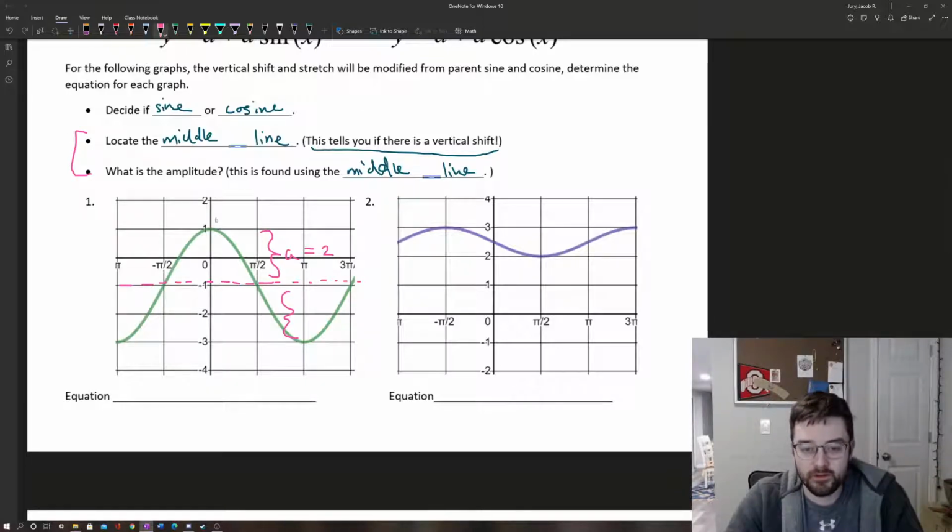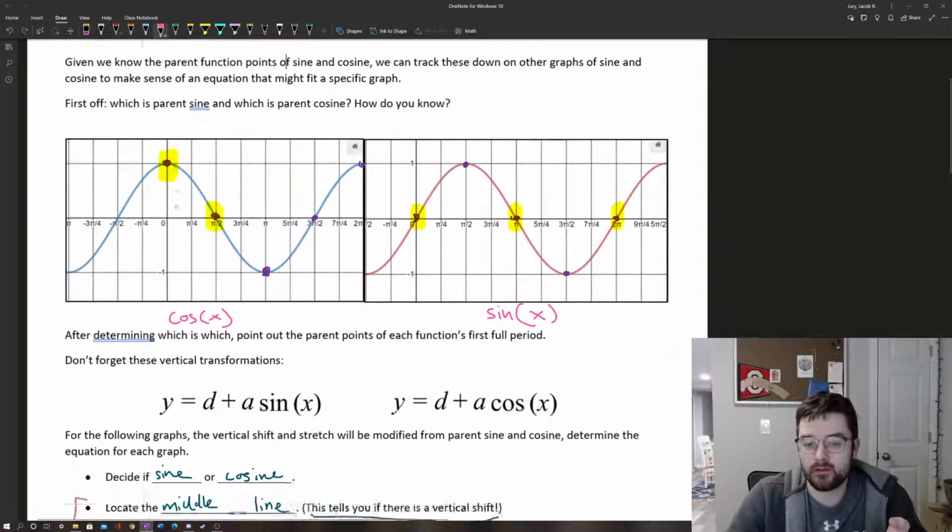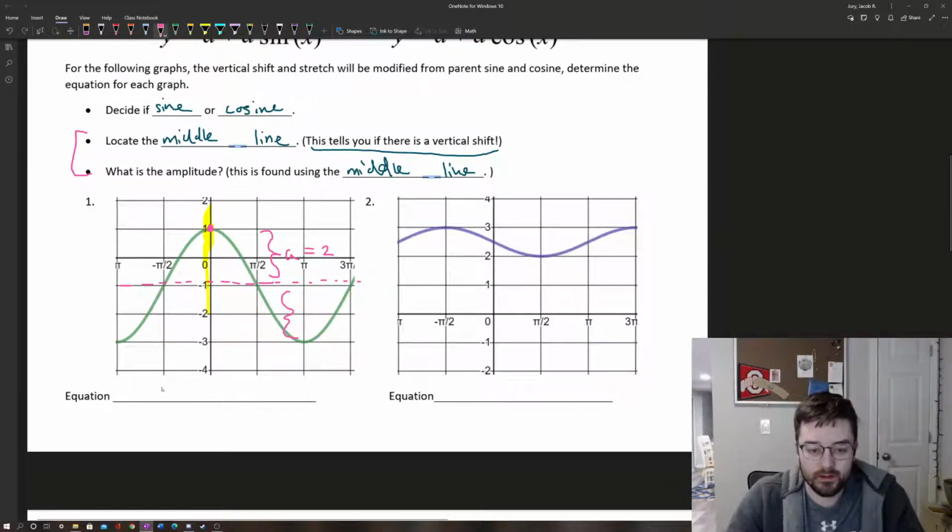I've started on those two bullet points, but the first thing we forgot to do is decide if this was cosine or sine. If we go back and look at the axes, I see I have a y-intercept at a peak in my pattern, in my trig function. So which function, sine or cosine, starts at a peak? That would be cosine. So cosine of x is going to be the function we'll use here. And then, like I was saying, our amplitude is 2, so that's what we're putting right here.